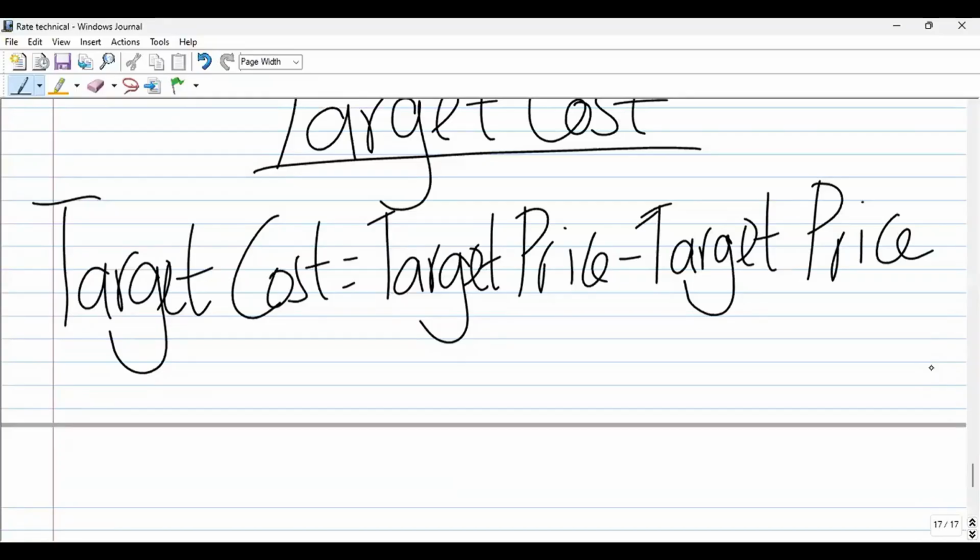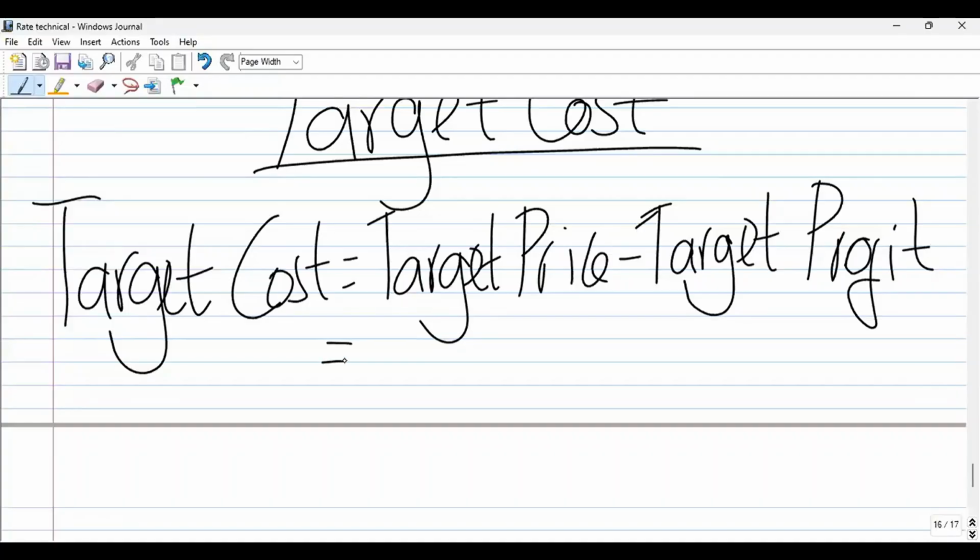Madam, you have written target price minus target price. Is it right? Target profit. Target price minus target profit. So the target price is the prevailing market price out there. This is what the customers are willing to pay, or what the customers are paying for a similar product like ours.